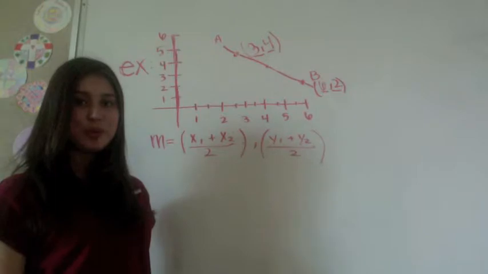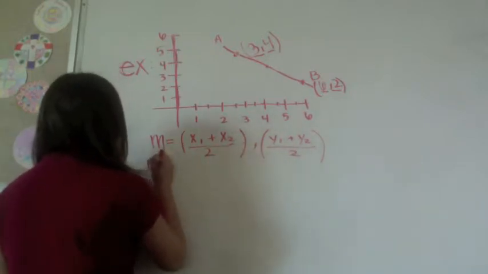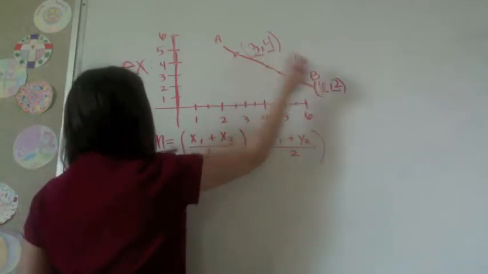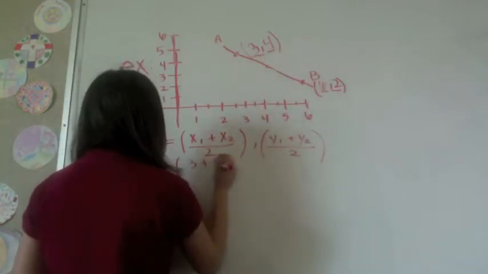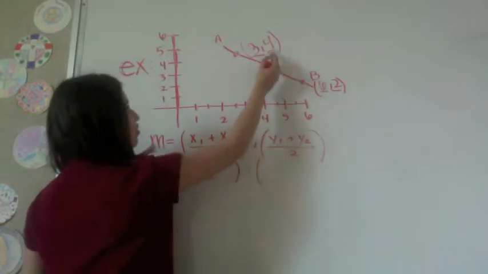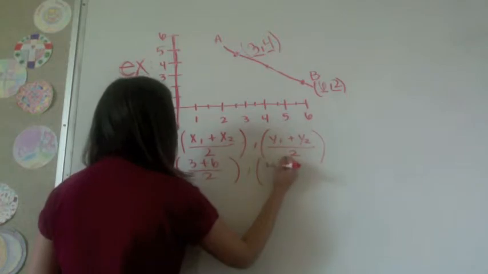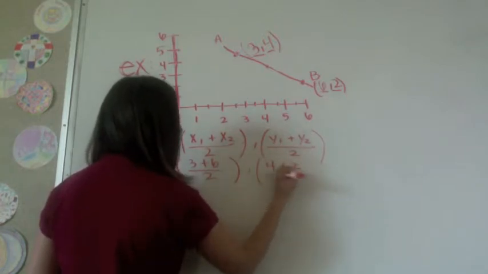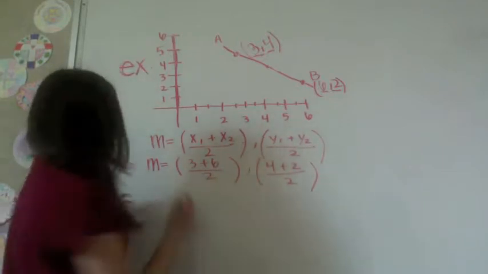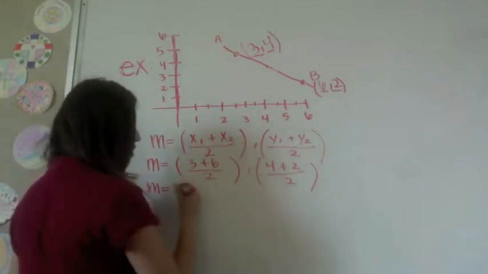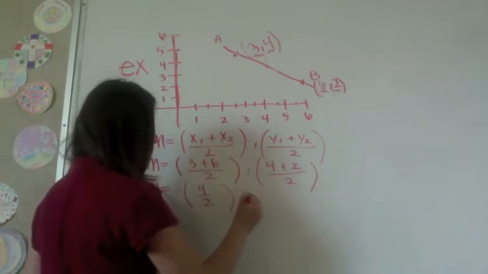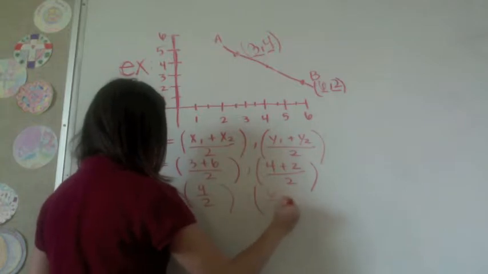Now that we have our formula, we substitute. M equals the x coordinates 3 and 6, 3 plus 6 divided by 2, comma, the y coordinates 4 and 2, 4 plus 2 divided by 2. Now we add. M equals 9 divided by 2, comma, 6 divided by 2.